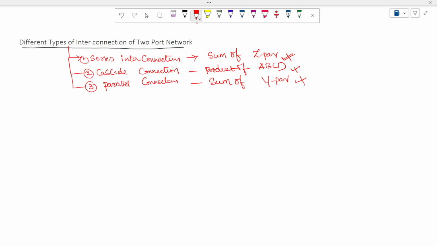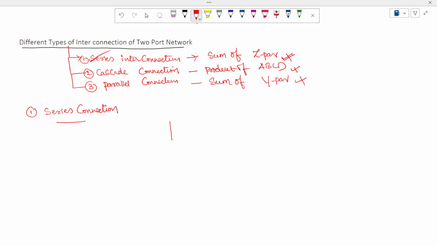Now let us try to see the series interconnection. In this series interconnection, we will try to do the derivation for series connection of two-port networks. So the connection is like this.